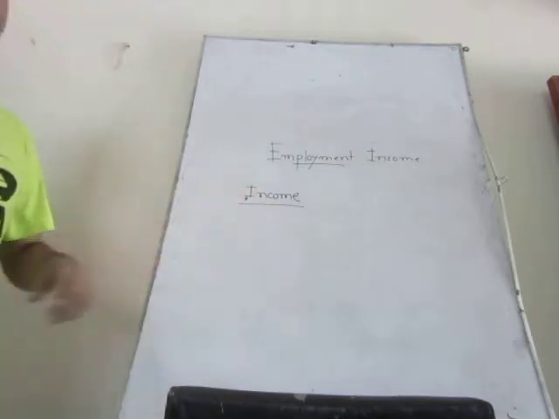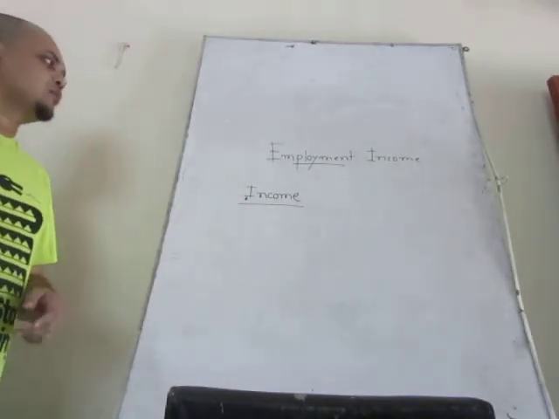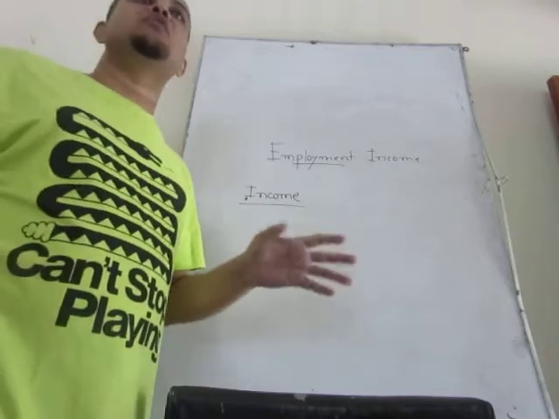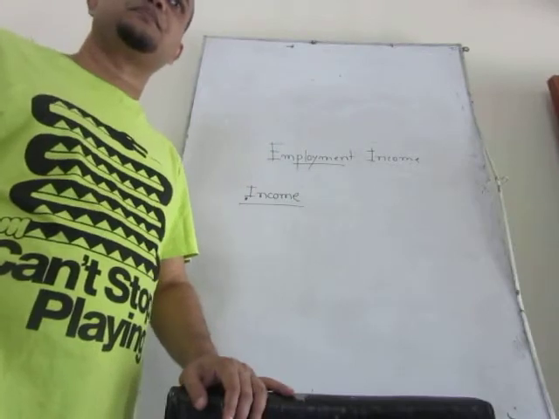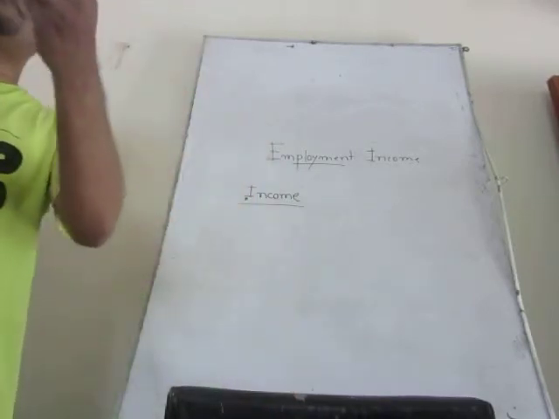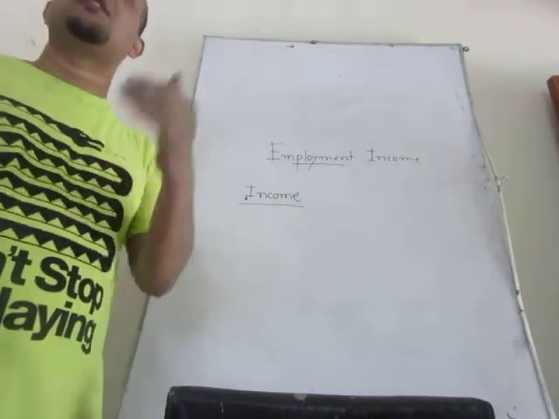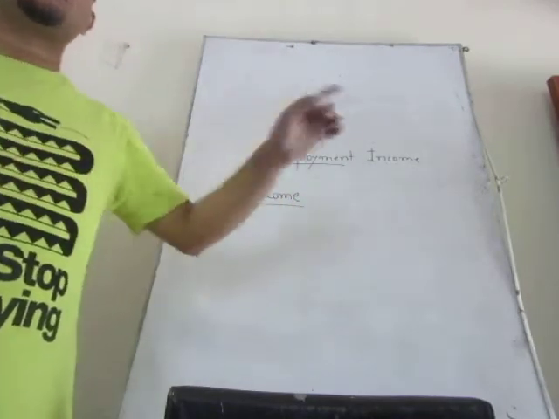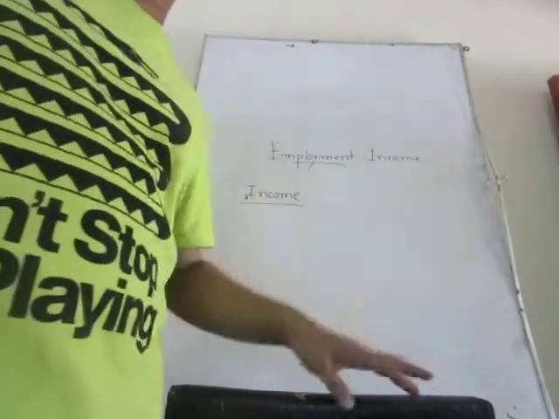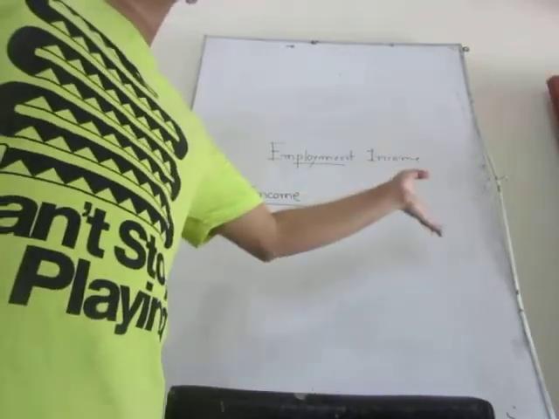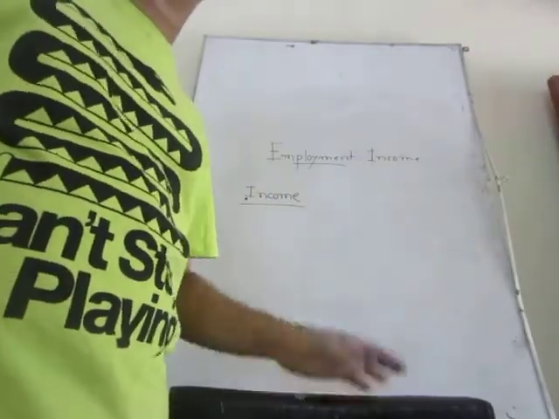So what do we mean by income on which you can charge tax? First of all, income doesn't mean only cash or only wages and remuneration. Income may be different kinds of benefits. As for example, in our country, government service holders are provided a house, right? So it's a kind of benefit. In some organizations, they provide mobile or cell phones to their employees, another kind of benefit.